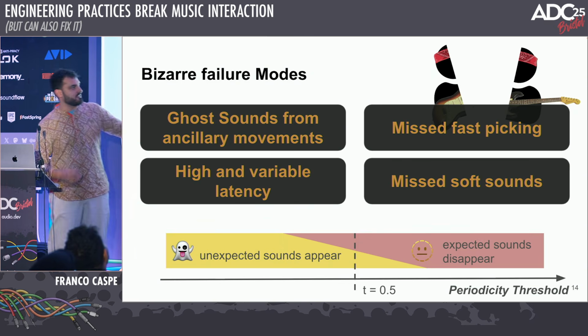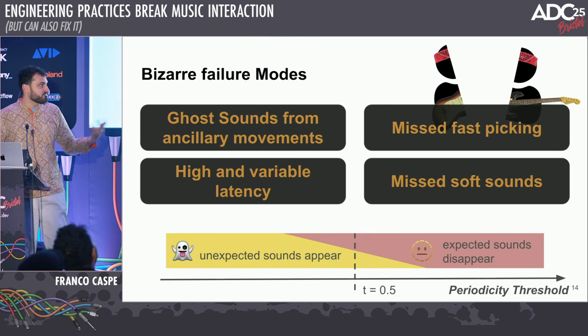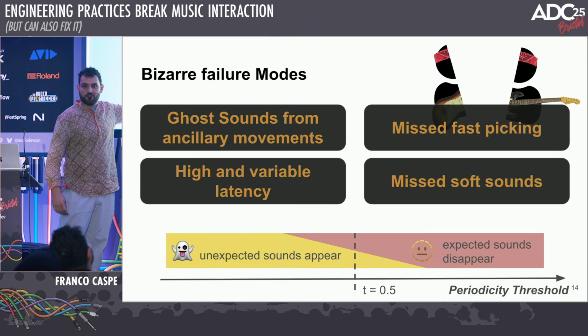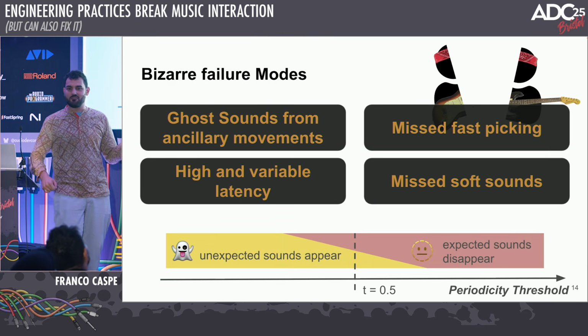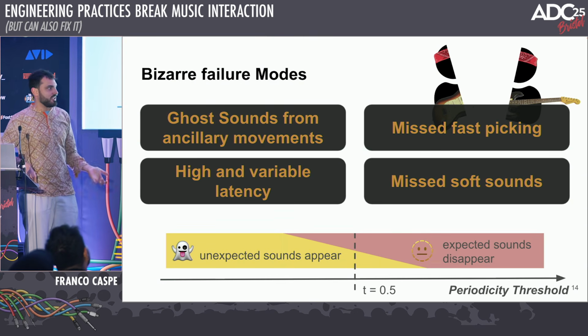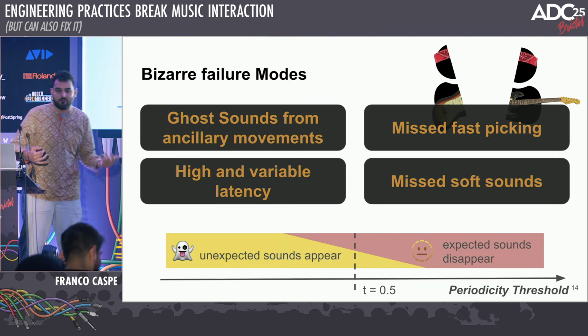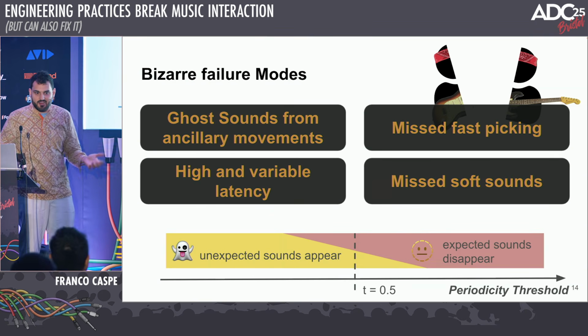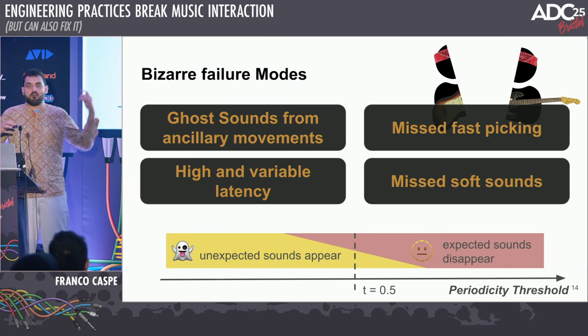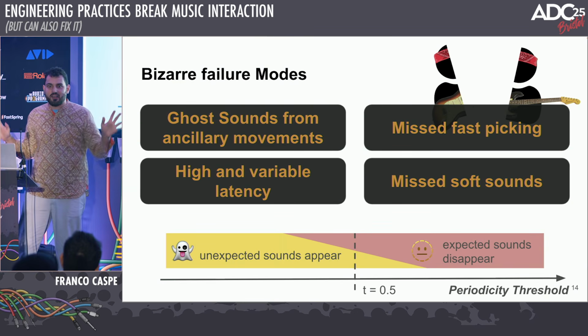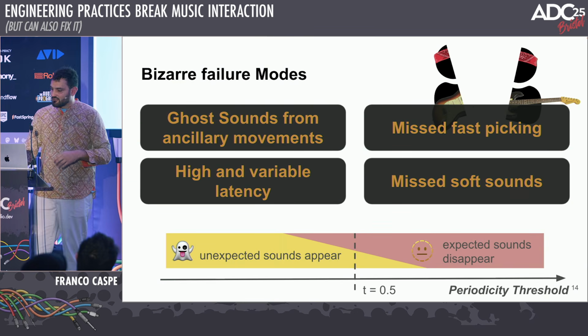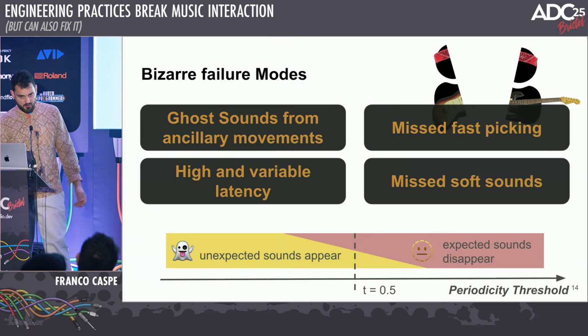If I set the threshold really high, then I don't have any unexpected sounds, but some of the sounds that I want to do, I cannot do. And if I set it really low, then it's the other way around, right? I can do all the expected sounds that I want to do with my guitar, but I also have a plethora of boing, bang, bang sounds out of nowhere that appear. So yeah, it was impossible to play well.